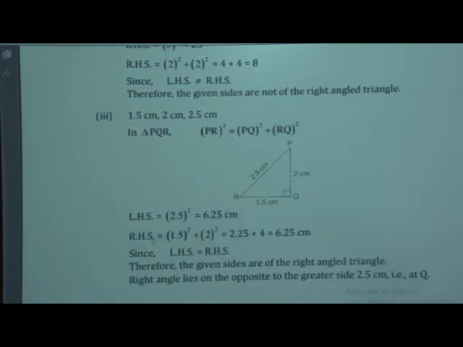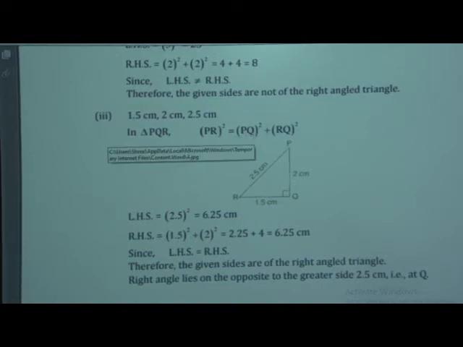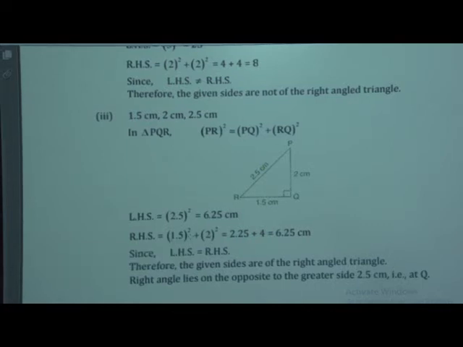And what is the RHS? RHS is PQ square plus RQ square. What is the value of PQ? It is 2 square plus RQ is 1.5 square. So we can write 2 square plus 1.5 square, or 1.5 square plus 2 square, because it is a sum, so the total will be the same.